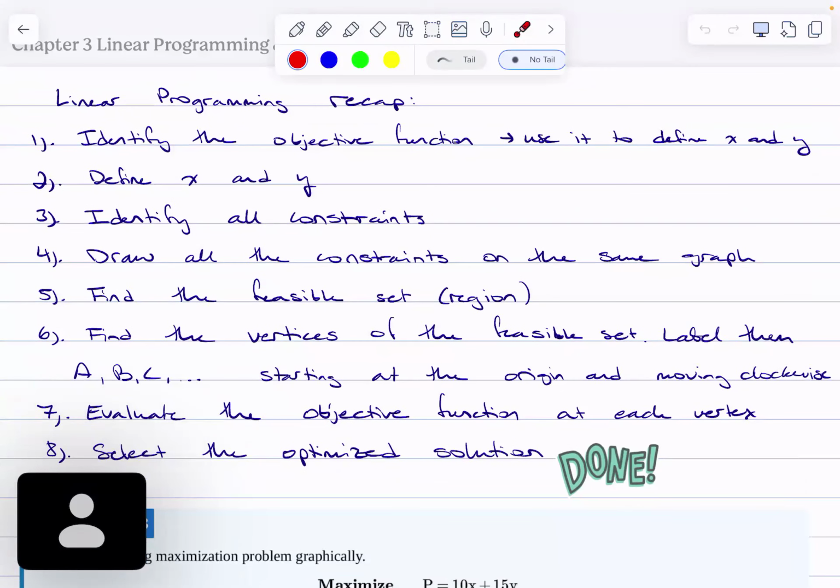Here's what I handed out just now, but I thought it might be nice to have it printed out because it was so hard to see on the screen last week. We're going to keep doing what we were doing, and like I said, we're going to get really good at it.